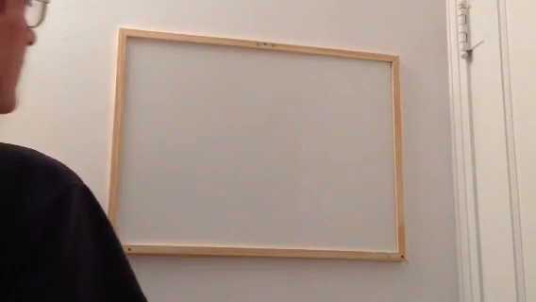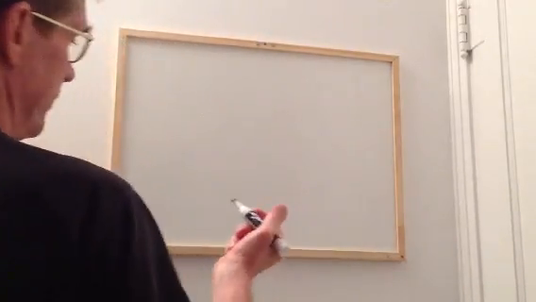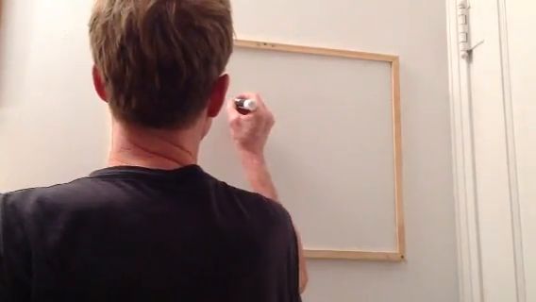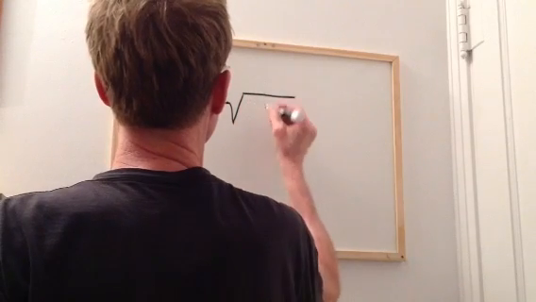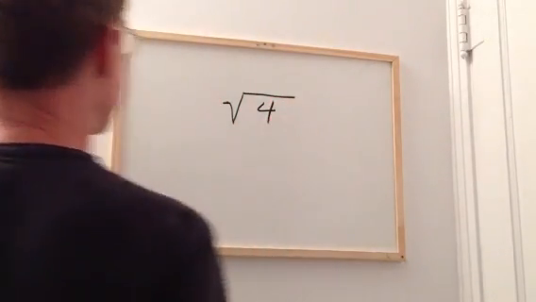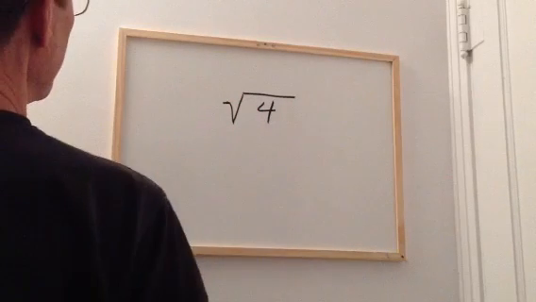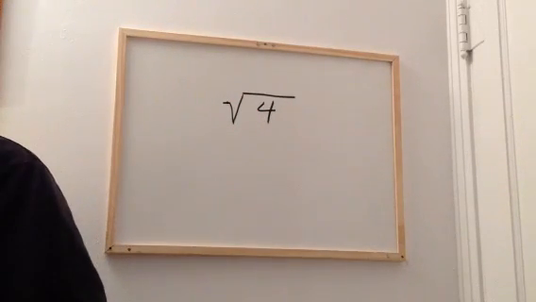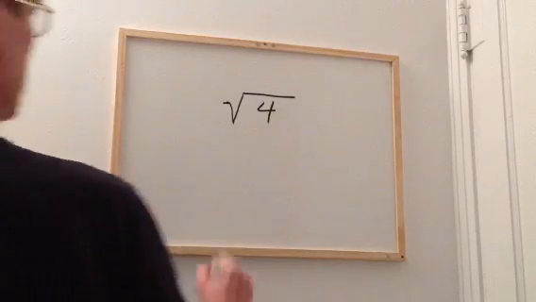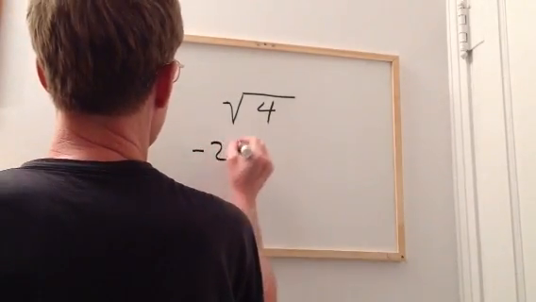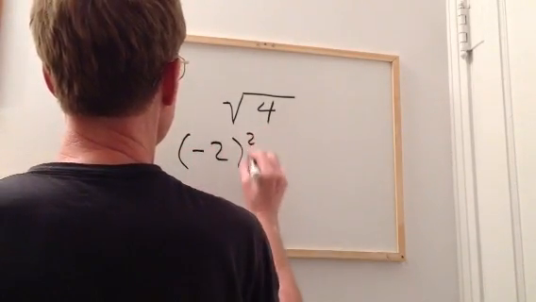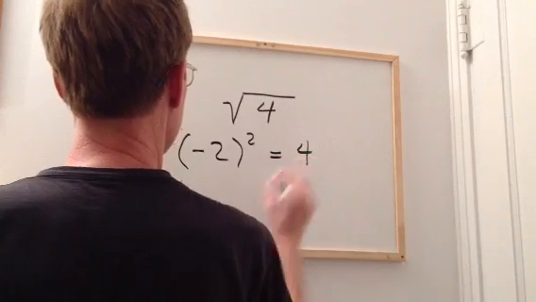Now, you might ask, does it matter? When you talk about the square root of a quantity, say the square root of 4, does it matter whether you're talking about the positive or the negative? Well, of course it does. If you square the quantity -2, you get 4.